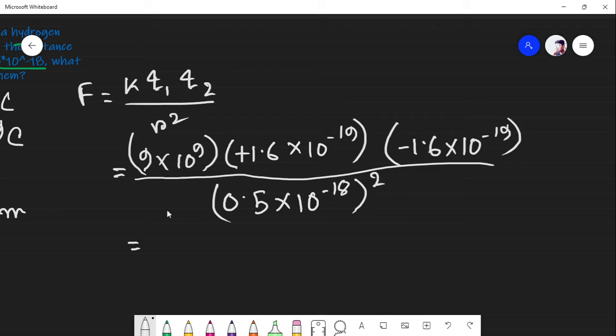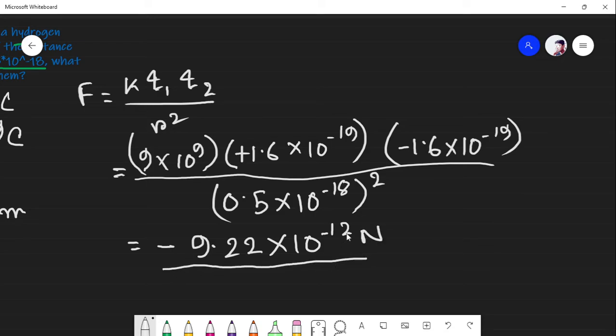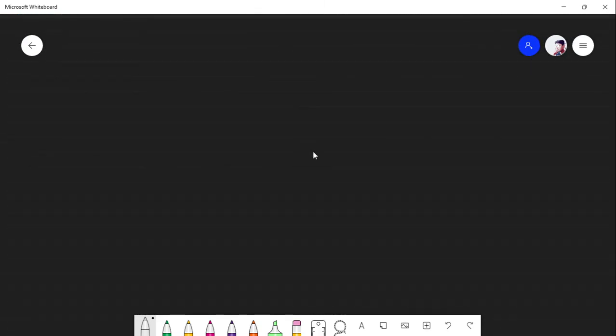So this will be negative 9.22 into 10 to the power negative 12 newtons. So this is the attraction force acting between them, the electron and the proton.